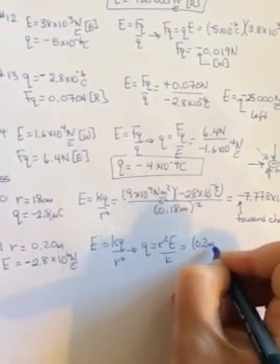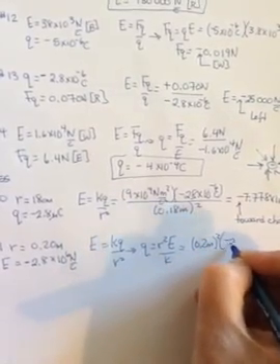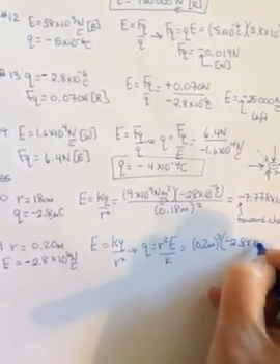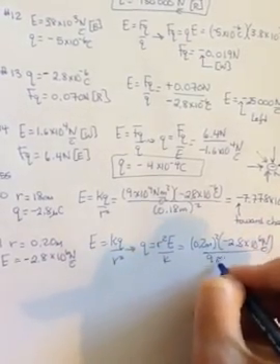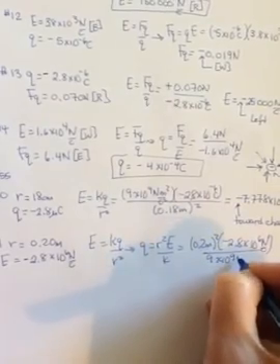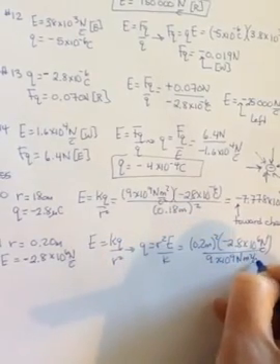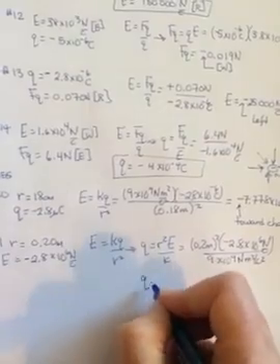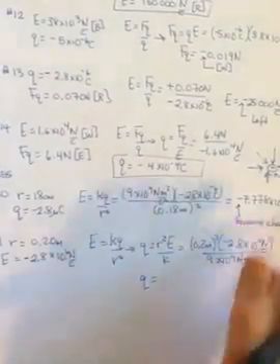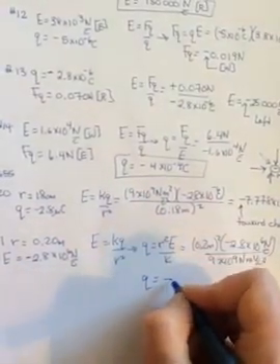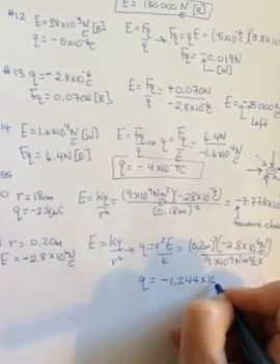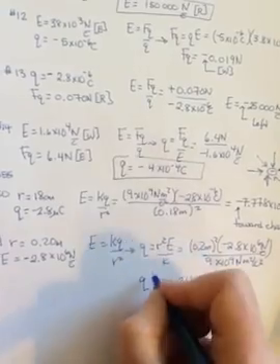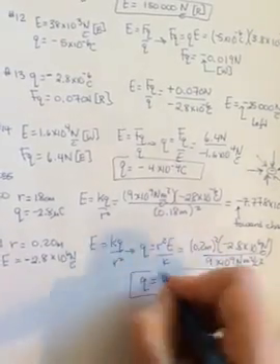So 0.2 meters squared, negative 2.8 times 10 to the 6 newtons per coulomb, and k is 9 times 10 to the 9th newton meters squared per coulomb squared. You're going to solve for Q, and when you do, you should get negative 1.244 times 10 to the negative 5 coulombs.